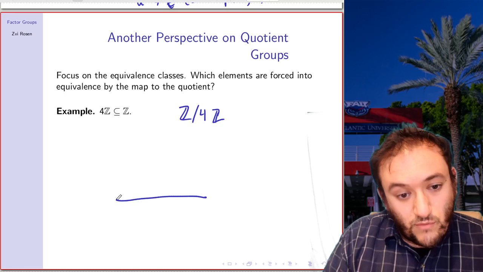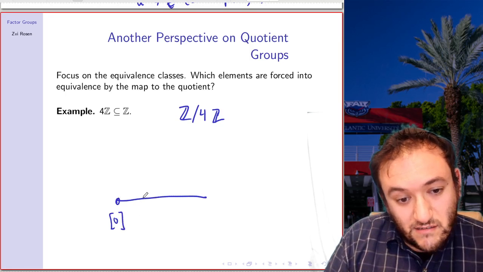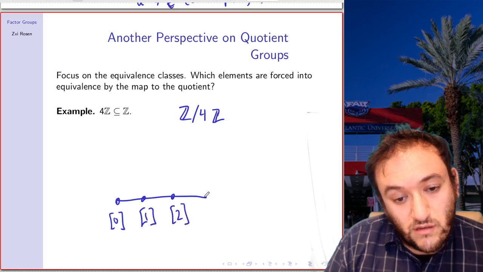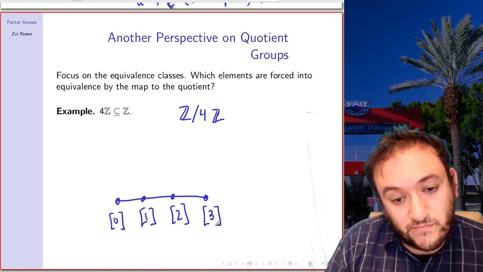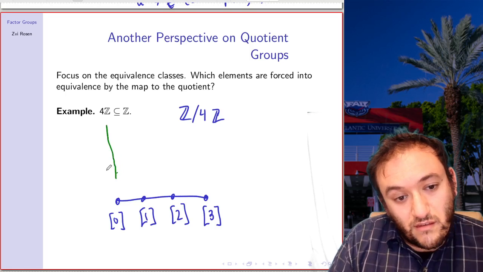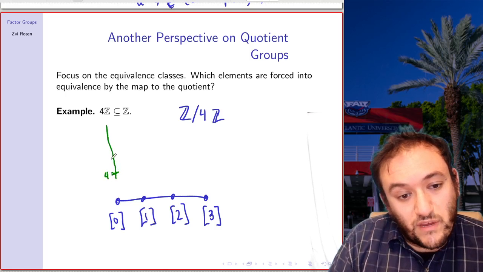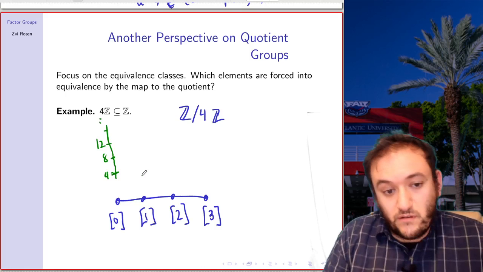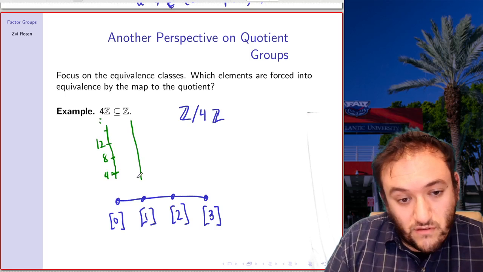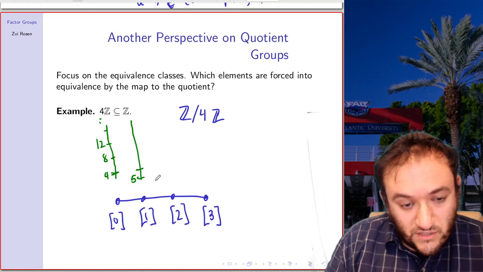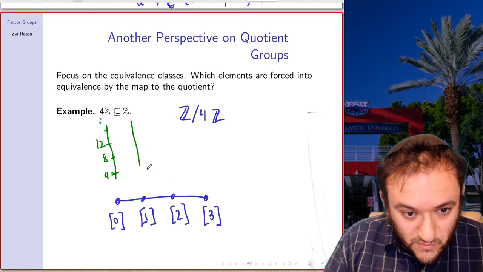So we have our equivalence classes 0, 1, 2, 3, and sitting on top of those you have every other integer. So here you have all of the integers, all of the multiples of 4. Here you have everything plus all of the multiples of 4 plus 1.